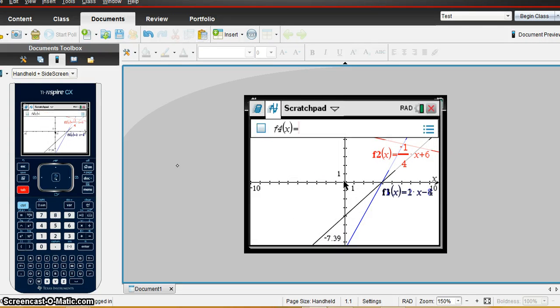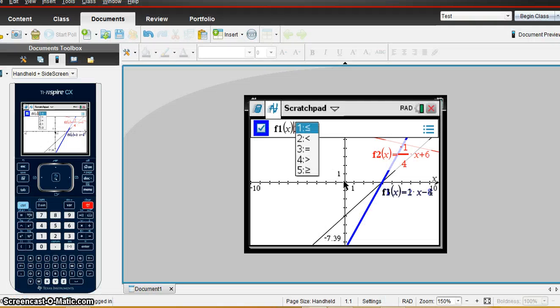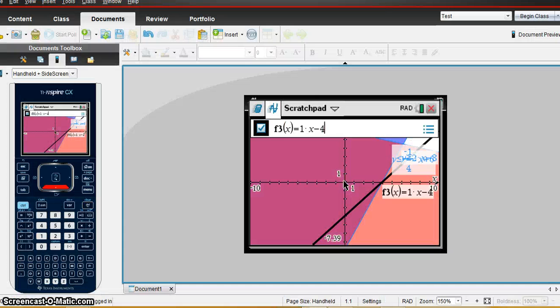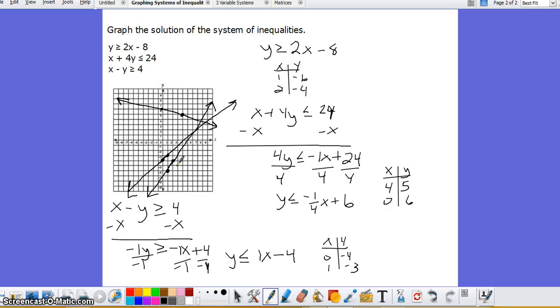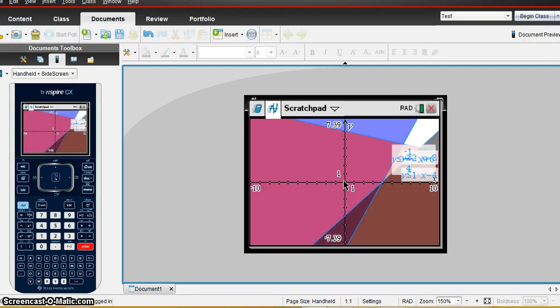Now we're going to put our inequality symbols in there. Greater than or equal to is 5. Less than or equal to is 1. And finally, another less than or equal to, which is 1. And there are our graphs.